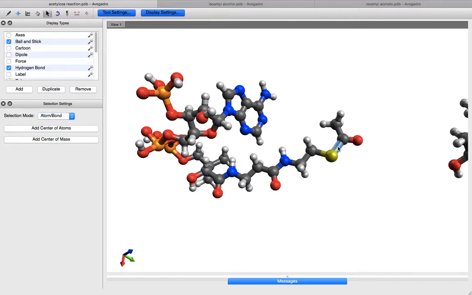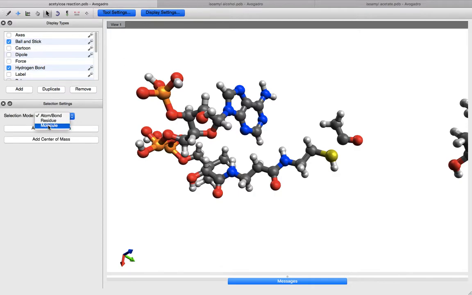So the enzyme, once it's bound, will break this bond, freeing up an acetyl group or an acetate group. And as this happens, there is the formation of a hydrogen on the sulfur, like so, so that it remains stable.